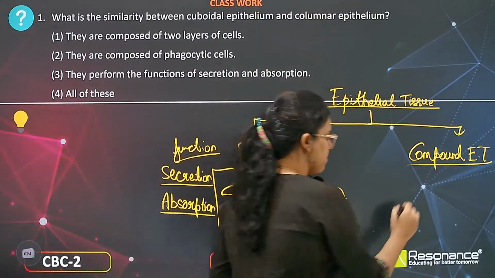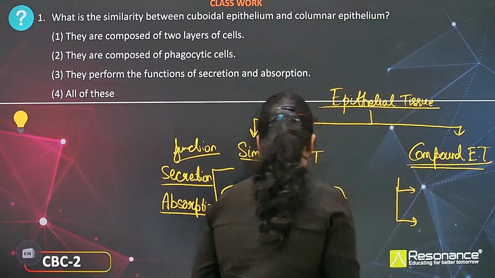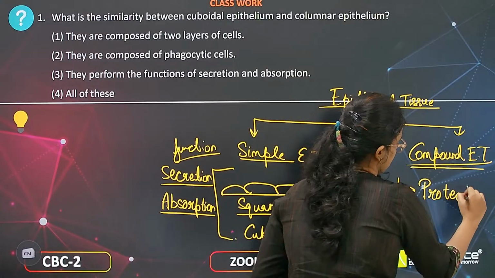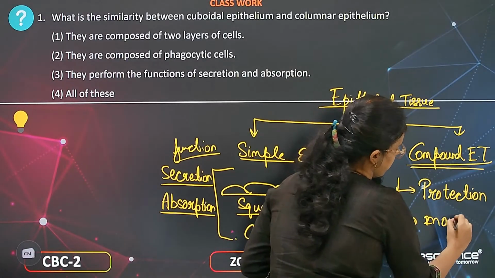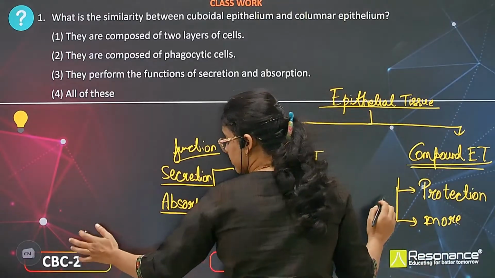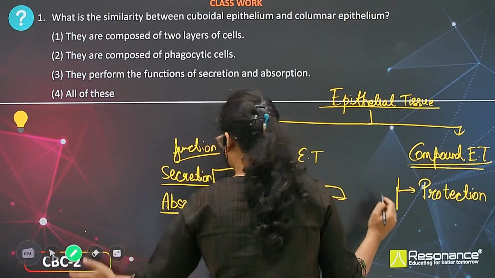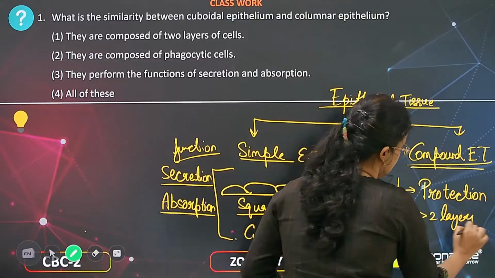Coming to compound epithelium, the function of the compound epithelium is protection, and they are made up of more than two layers of cells. They are thick.